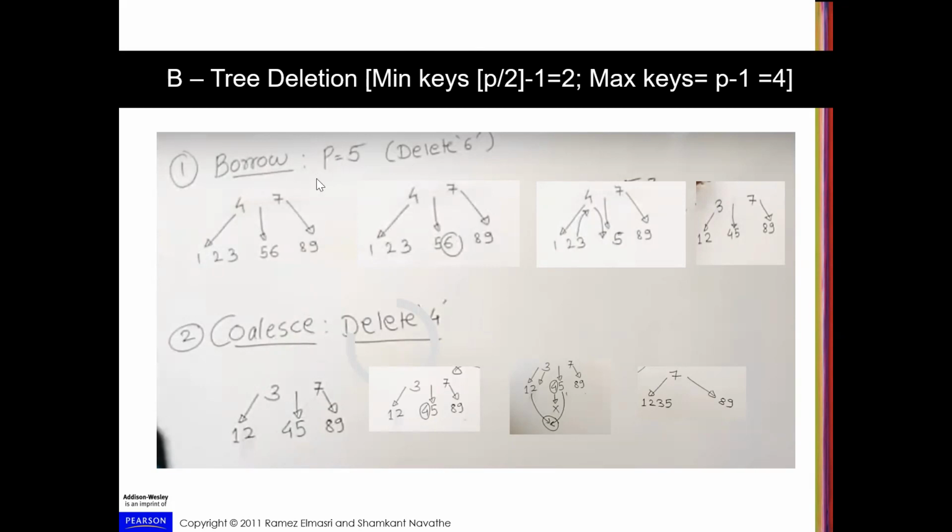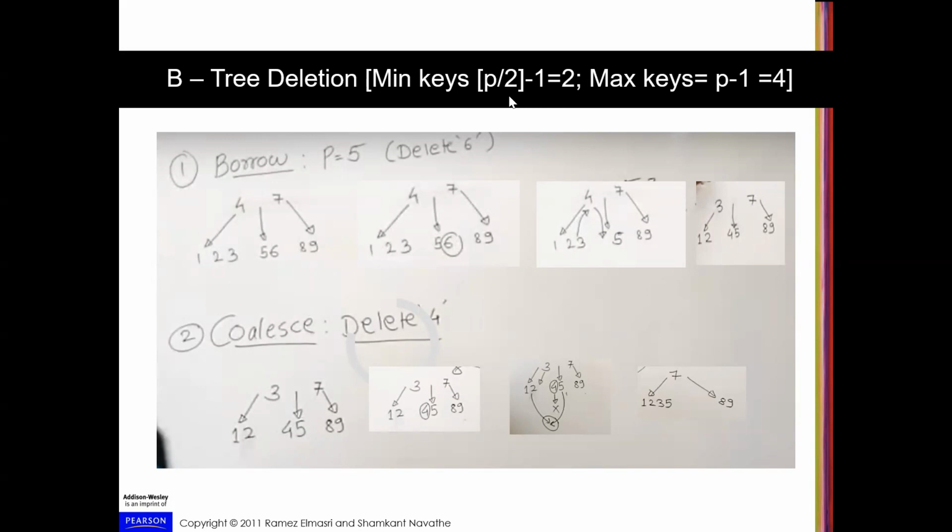So let us consider a B tree whose order is 5, which means there can be a maximum of 4 values inside each node and a minimum of 2 values inside each node. When the node has less than 2, the node is underflowing and we need to use the coalesce method.